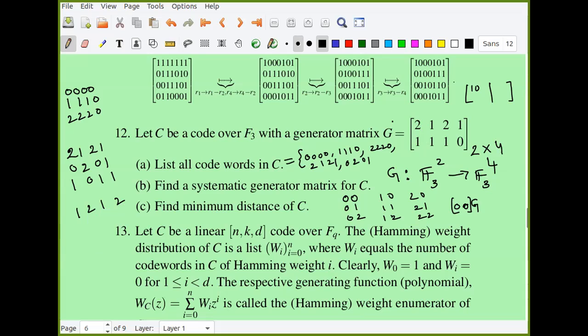Already multiplied by 2 is available here. So 2 0 2 2. What about the last one, 2 2? This also multiplied by 2 and added to this quantity. 0 1 0 2.